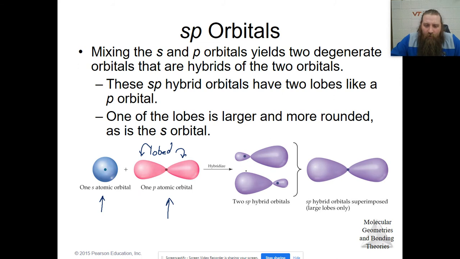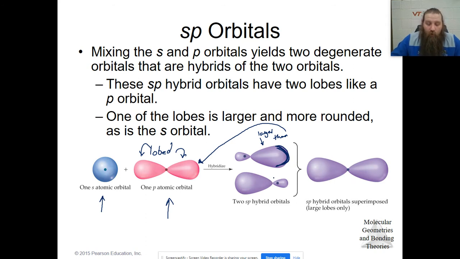When they hybridize, you get this larger lobe, right? So this lobe right here is larger than the original p orbital, and it's a little bit more rounded, right? So it's more rounded. The s orbital together, right?